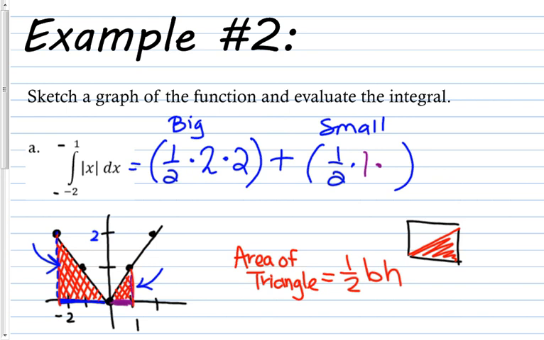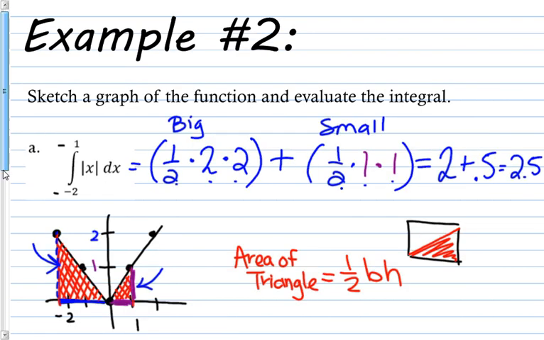And the height of my small triangle is also 1. If I actually do the math here, this is the answer to my integral. 2 times 2 is 4, divided by 2 is 2. And then 1 times 1 is 1, divided by 2 is half, or 0.5. So my answer is 2.5.